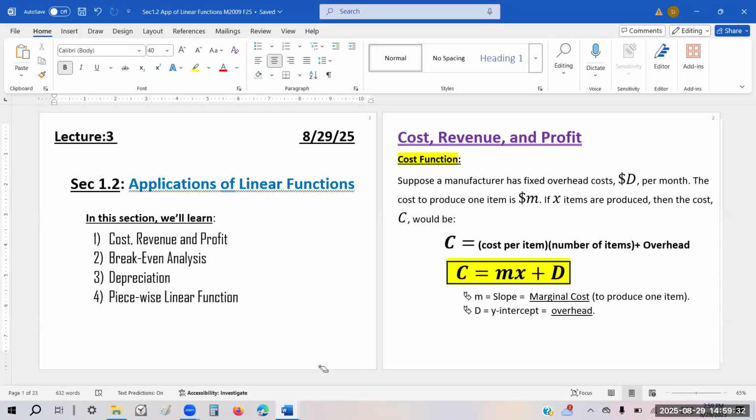To determine the cost function, we write cost equals your monthly bill plus your cost per item. Depending on how many items you're going to buy for your store, you have to spend that much money.